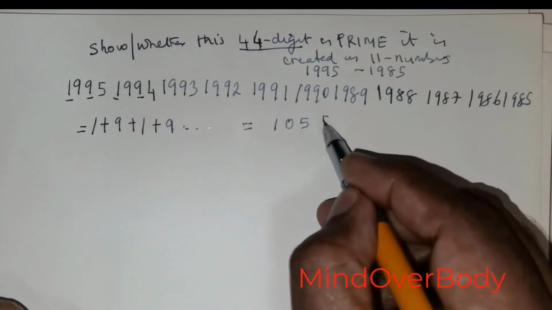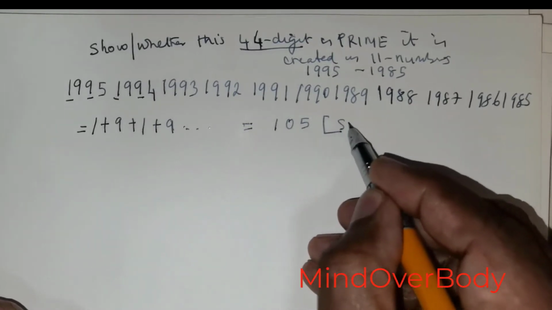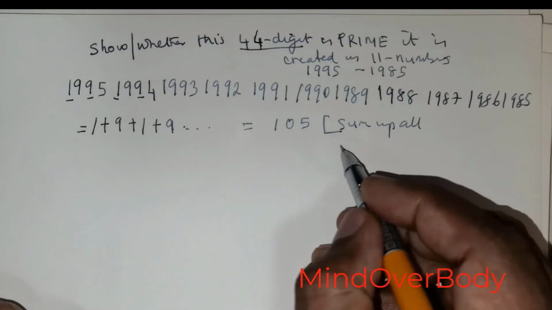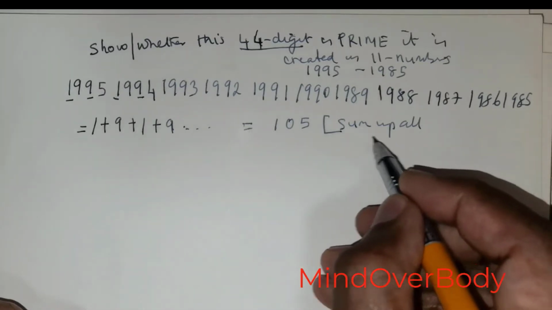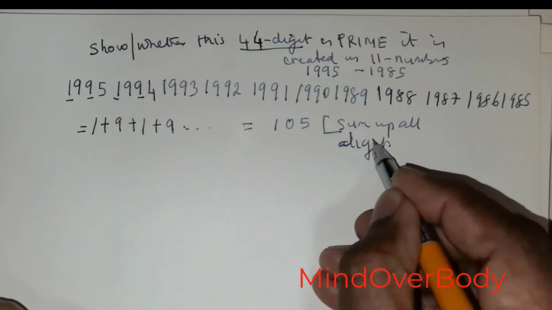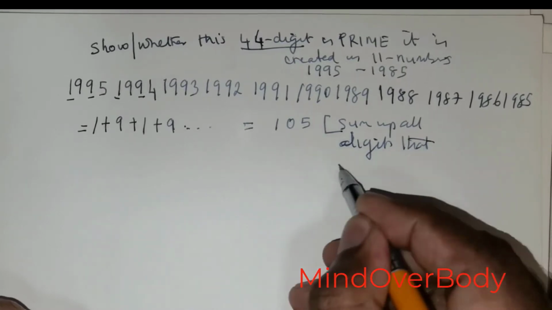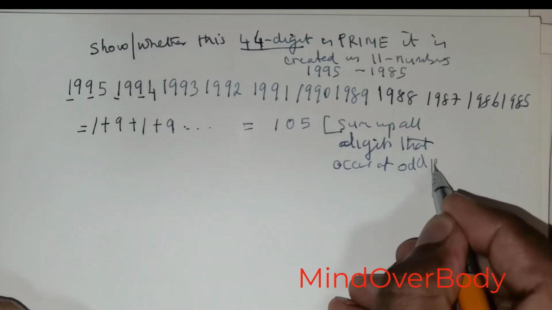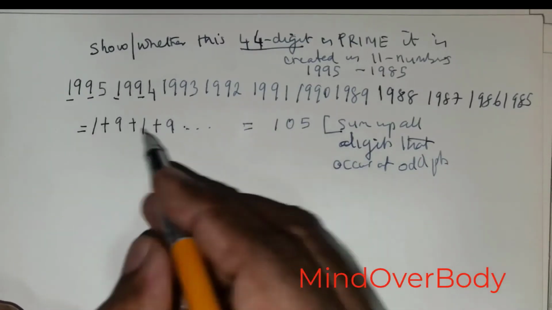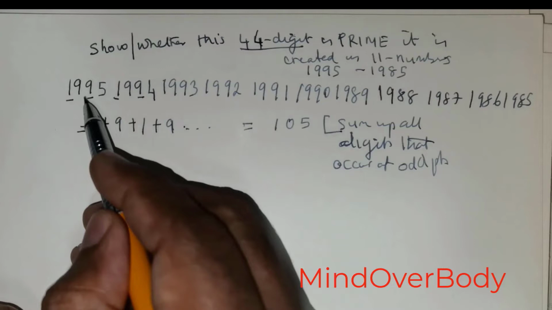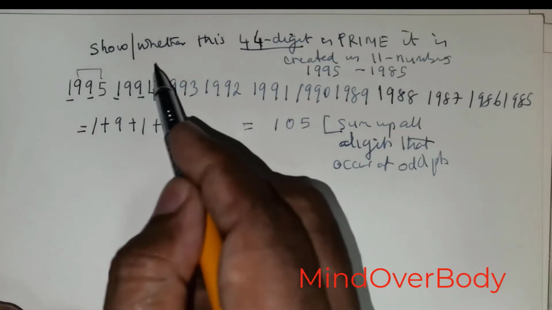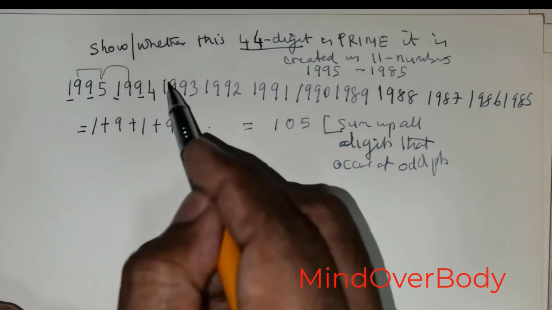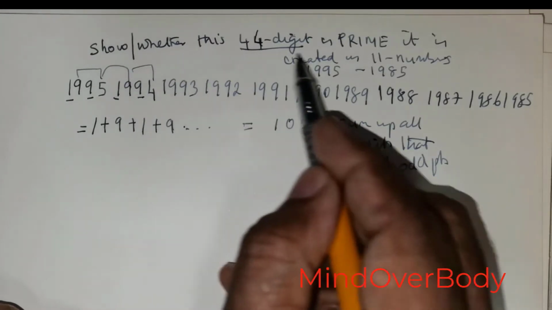So in other words, what the author wants you to do is to sum up all digits that occur at odd points. Now this would add up to 105. Then you sum up the digits that are left. So this is going to be 9 added with 5, and then with 9, and then 4, and so on and so forth.